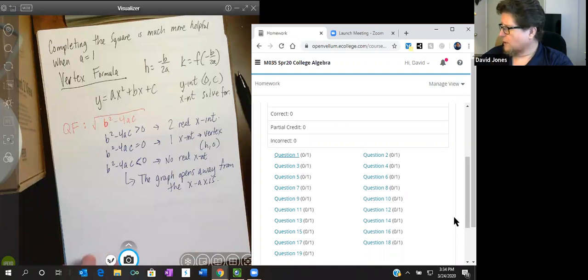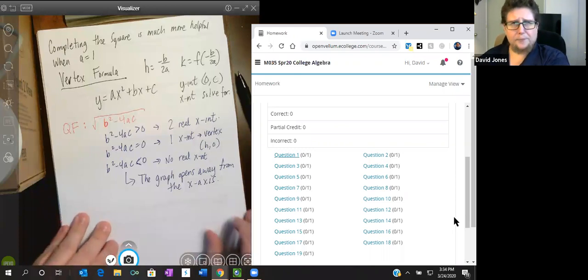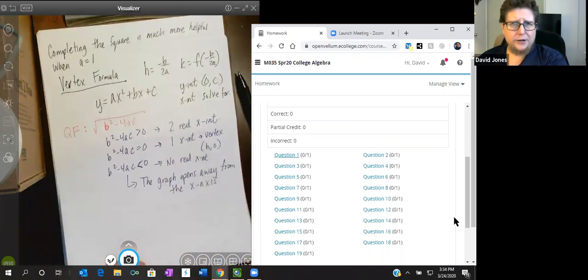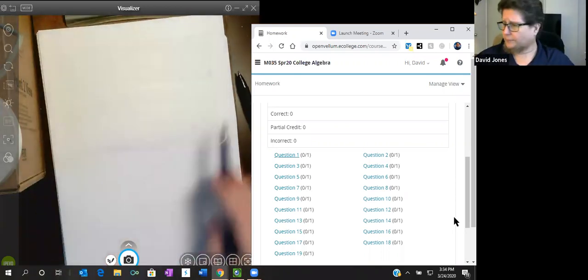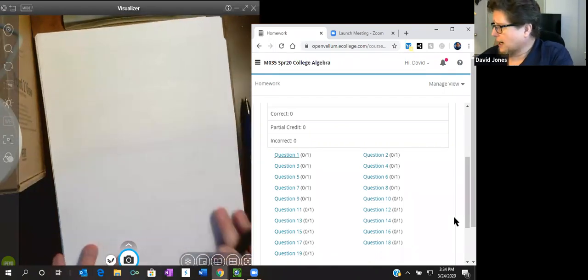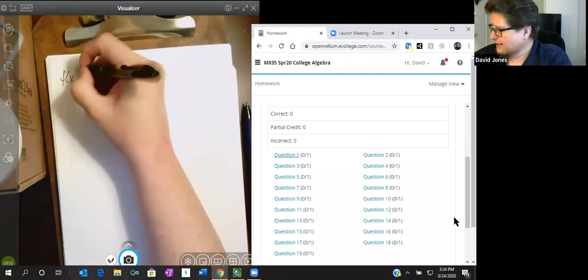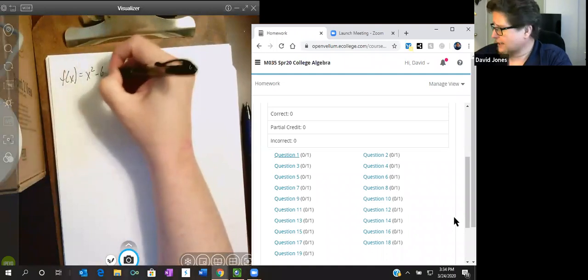So you want to take a look at one? Okay, we're going to do two. We'll start off with the easier one. It's not the order I have them in the notes. The easier one we're going to start off with is f of x equals x squared minus 6x plus 8.